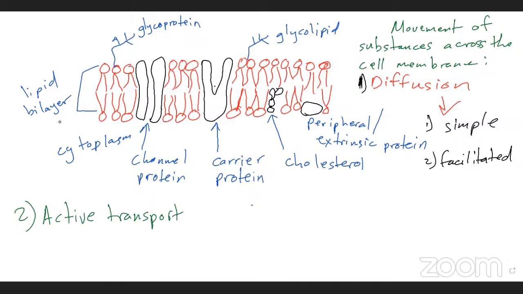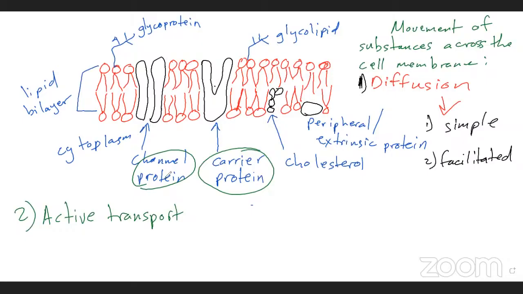Now remember, when it comes to diffusion, some of the particles are not small enough to pass through the membrane. So they will use the channel protein and the carrier protein to assist with the movement. Outside of that, there are bigger molecules that cannot make it through the channel protein or the carrier.